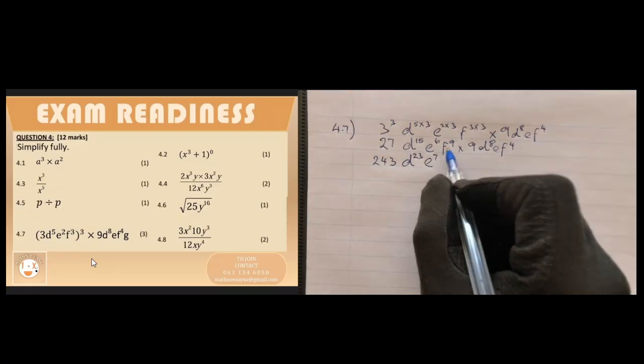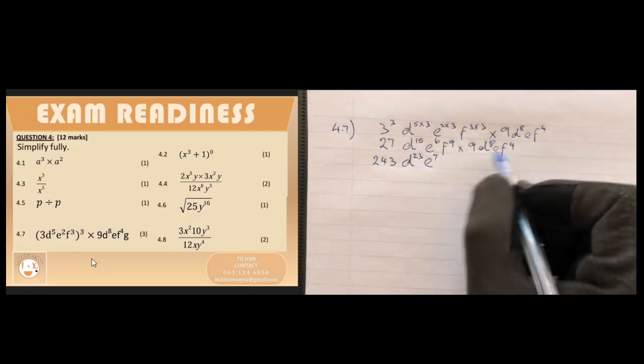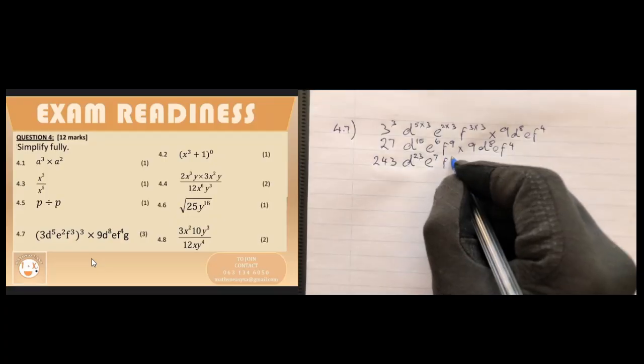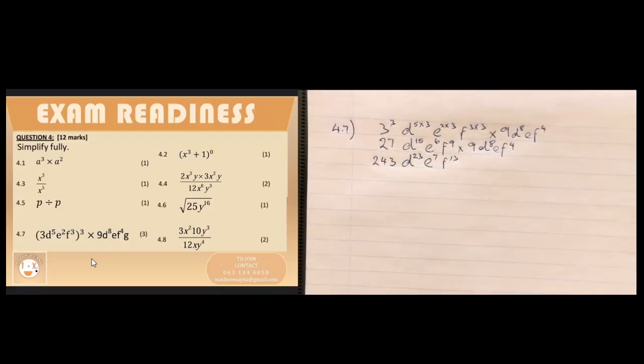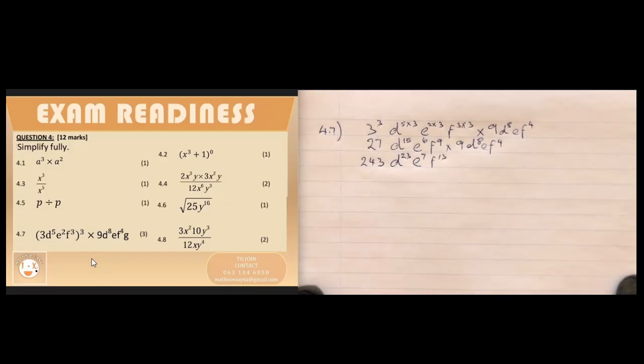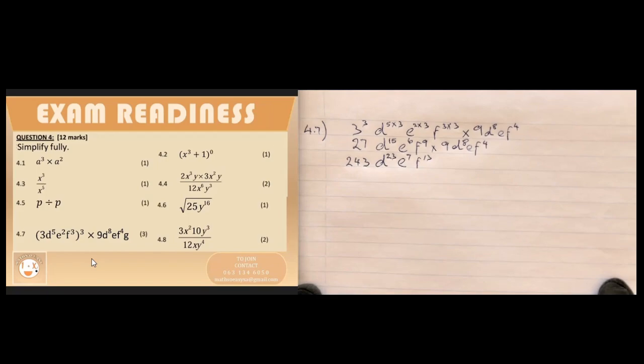And then this f, I have a 9 and I have a 4. It means I have a 13 there. Then I say, examiner, I think I have all the 3 marks here. Examiner, if I don't have 3 marks here, examiner, it means you tricked me somewhere, but I don't know where you're going to trick me, because me, I think I'm sharp like that.